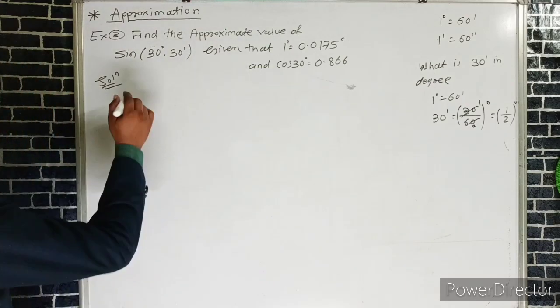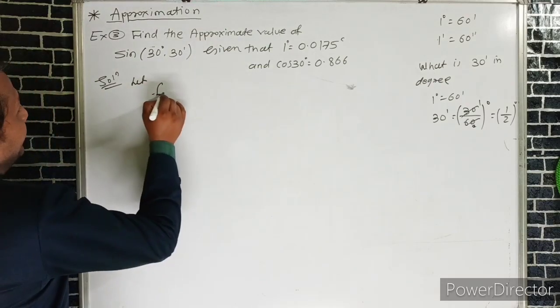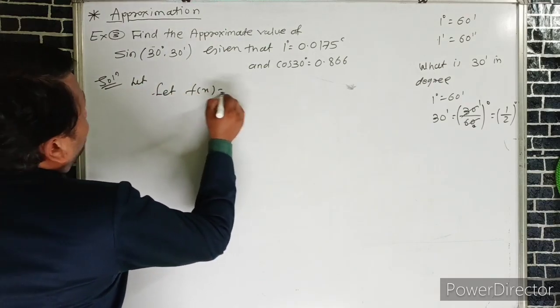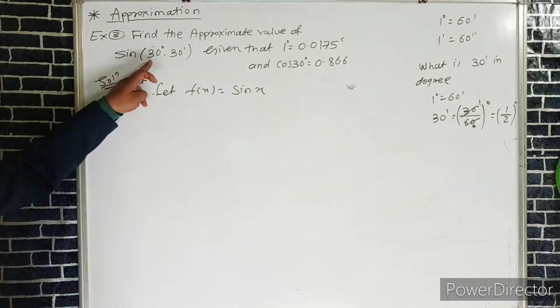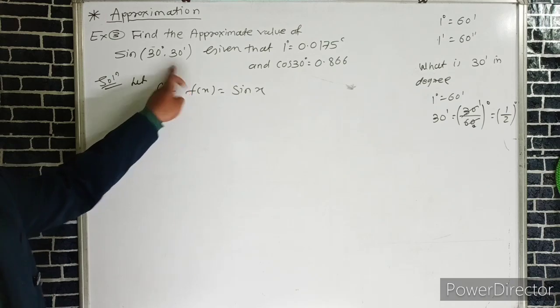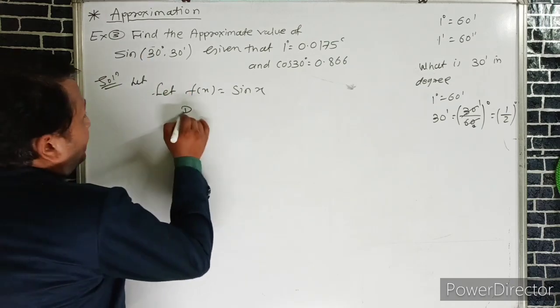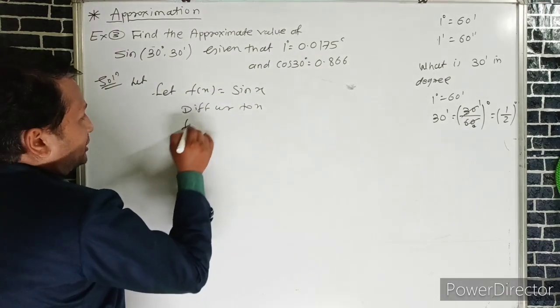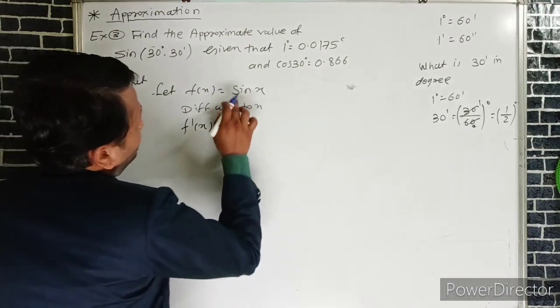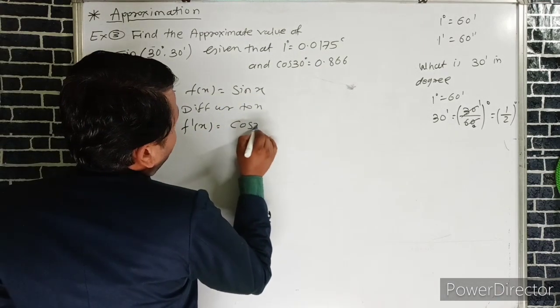Now first we consider that f of x is equal to sin x. Here x is equal to a plus h, and a plus h is 30 degrees 30 minutes. If we differentiate with respect to x, then the derivative of f of x, which is f dash of x, is equal to the derivative of sin x, which is cos x.